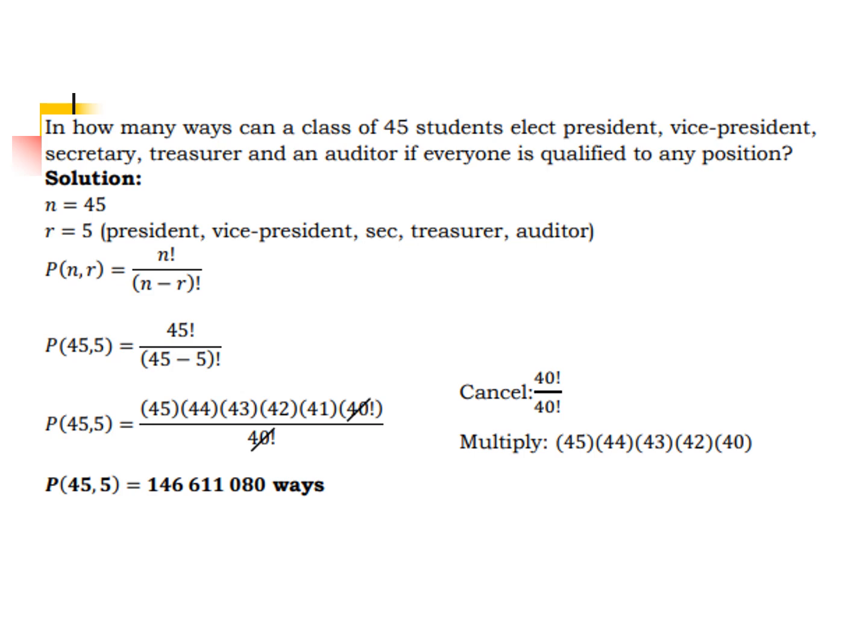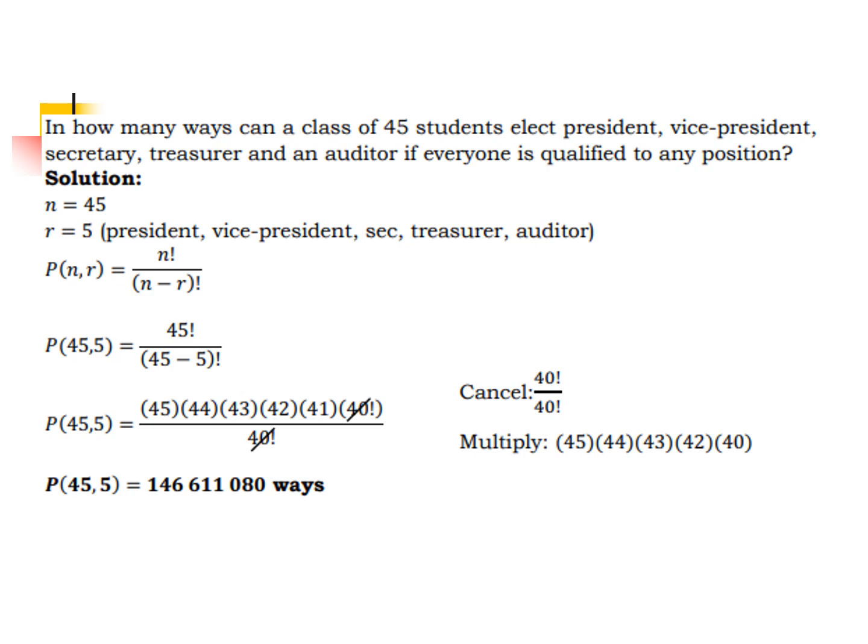So, para ma-simplify natin, since 40 factorial is just equal to 40 times 39 times 38 until 1, we could just simplify 45 factorial and express it into 45 times 44 times 43 times 42 times 41 times 40 factorial. So, simplify mo na lang. Wag na until 1. Kasi, the same lang din naman.